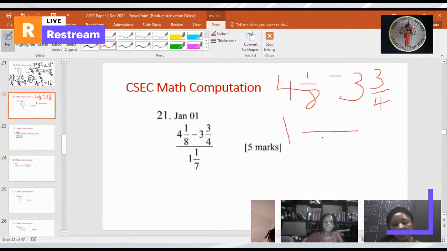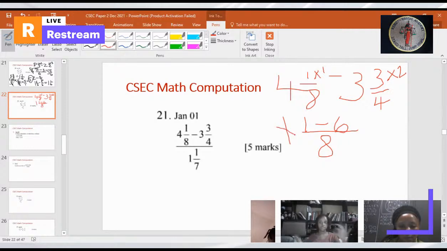And we're going to get the lowest common multiple of 8 and 4, which is 8. So 8 into 8 goes 1 time, so 1 times 1 is 1, minus 4 into 8 goes 2 times, and 2 times 3 is 6. So since we can't subtract them without getting a negative number, we're going to take one whole from 1, which is 0, and the one whole will be represented as 8 over 8. So 8 plus 1 would give you 9 minus 6 over 8, and that will give you 3 over 8.